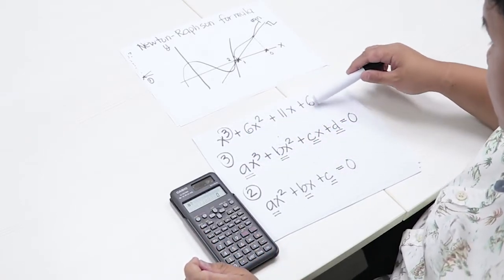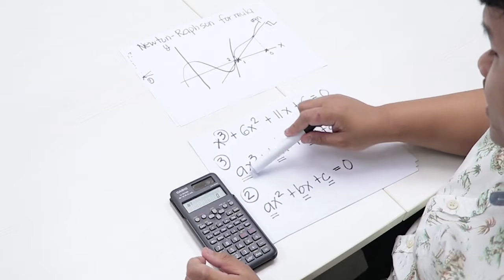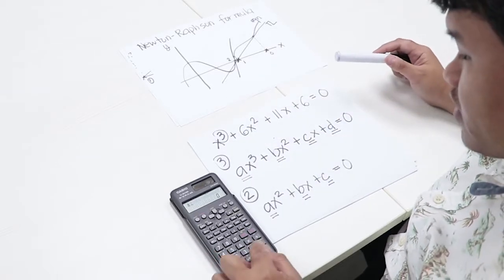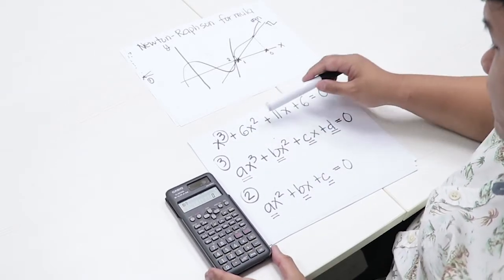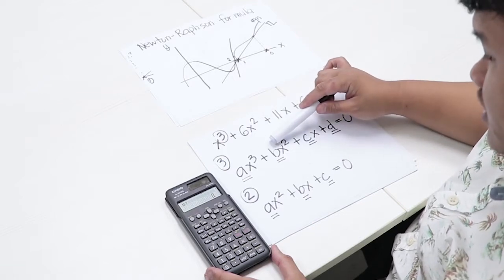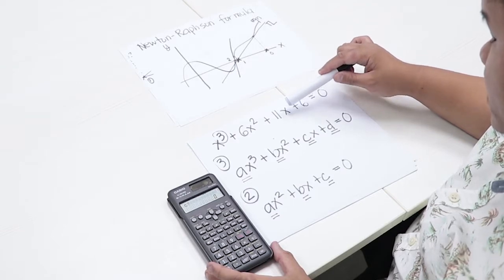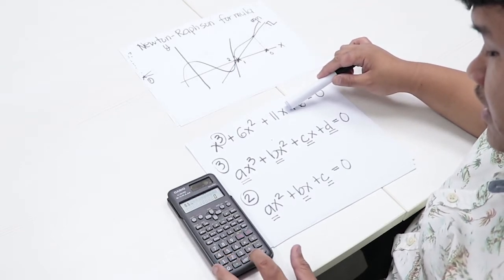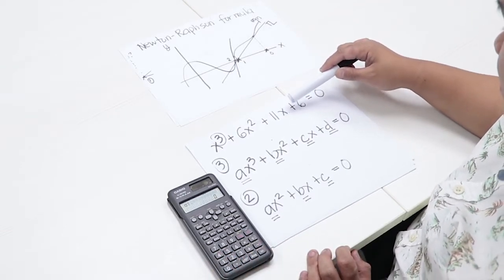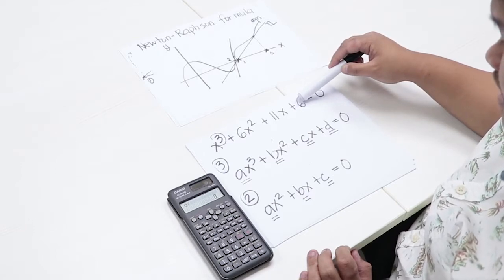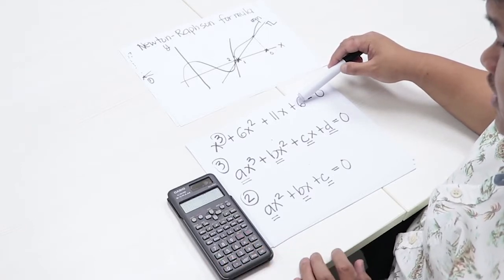Comparing coefficients, the value of a is 1, since x cubed, so 1 equals. The value of b is 6, so press 6 equals. The value of c is 11, so press 11 equals, then 6, so press 6 equals.